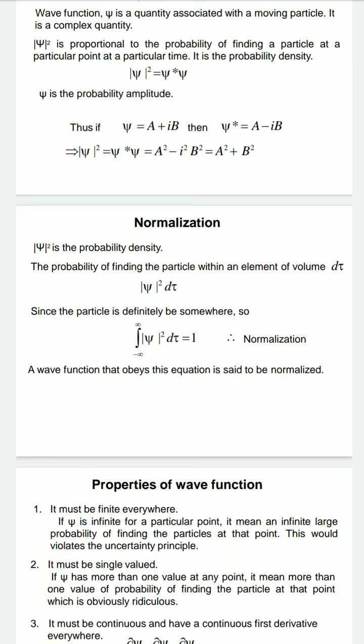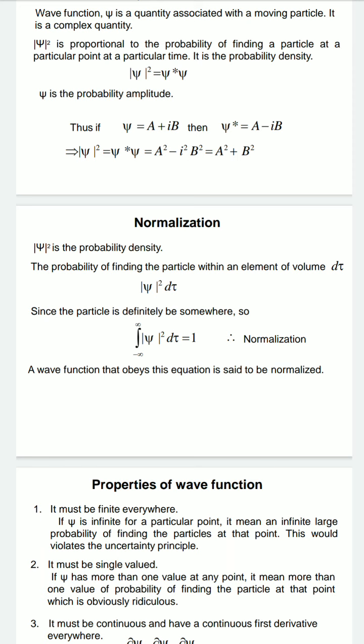So if you take the integration of this psi modulus square, the probability density, over the whole range, minus infinity to plus infinity, over the whole universe, then the probability will be 1, isn't it? So somewhere it is there. 100% sure it is there somewhere from minus infinity to plus infinity.